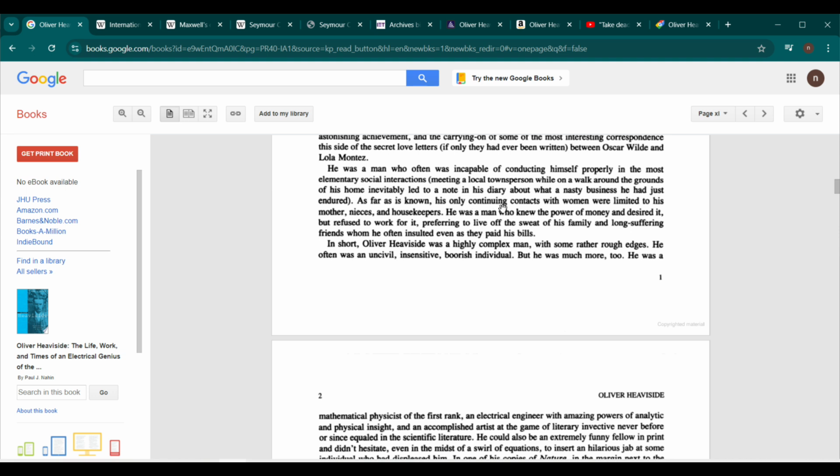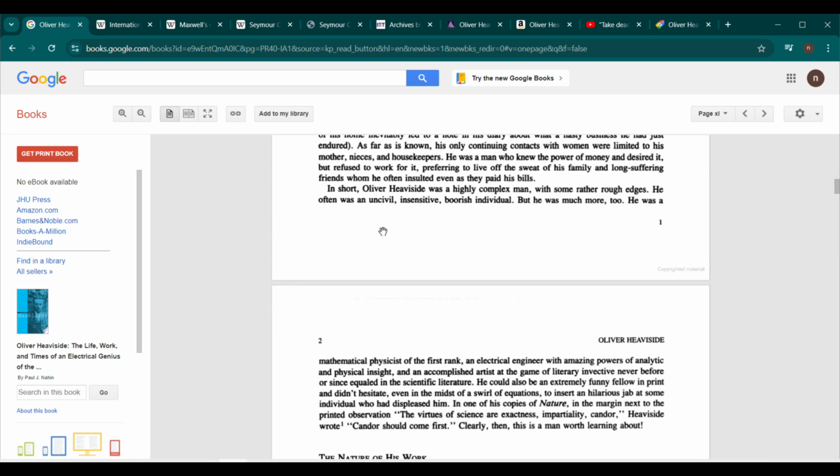As far as is known, his only continuing contacts with women were limited to his mother, nieces, and housekeepers. He was a man who knew the power of money and desired it but refused to work for it, preferring to live off the sweat of his family and long-suffering friends, whom he often insulted even as they paid his bills.